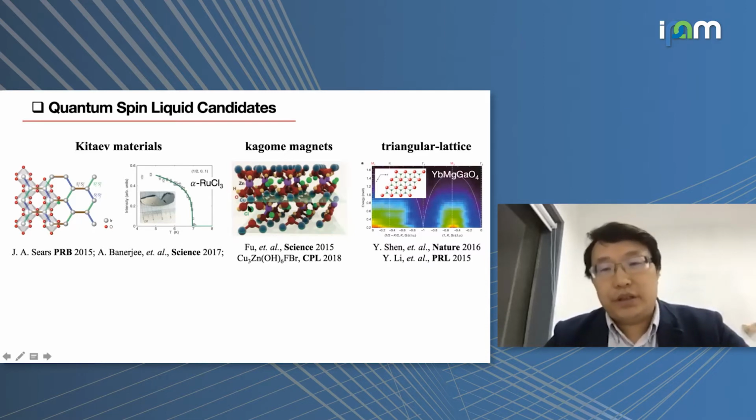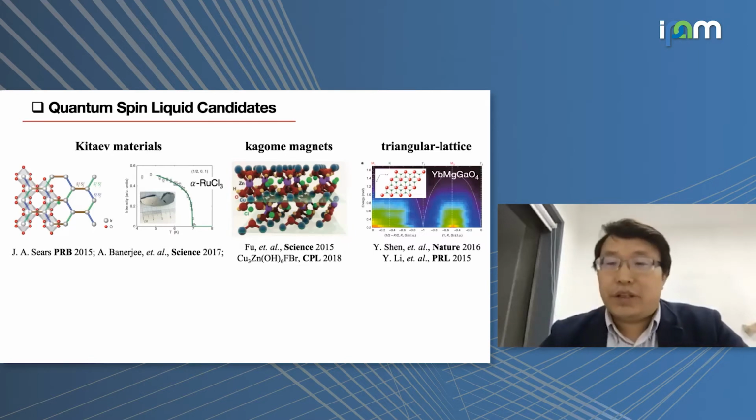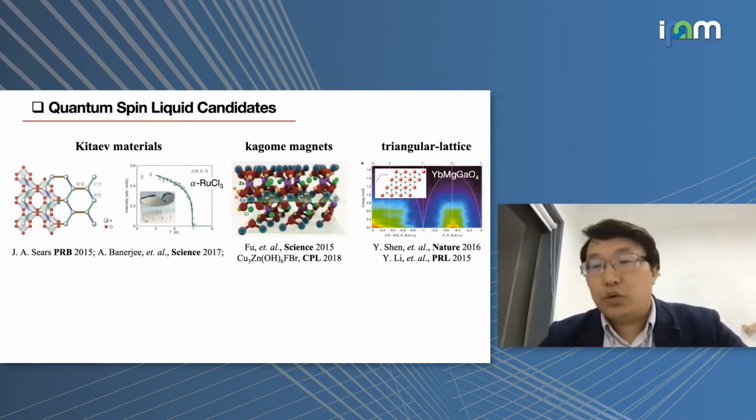And the kagome magnets, right? People believe it is closely related to the kagome Heisenberg antiferromagnet model. And the triangular-lattice magnets, here I show the ytterbium magnesium gallium oxide. It has a broad spin excitation continuum. Although there is site mixing between the magnesium and the gallium elements, so there's still some debate on the nature of the compound.